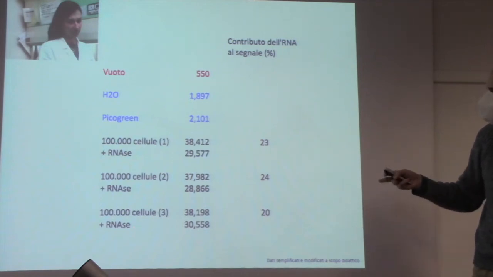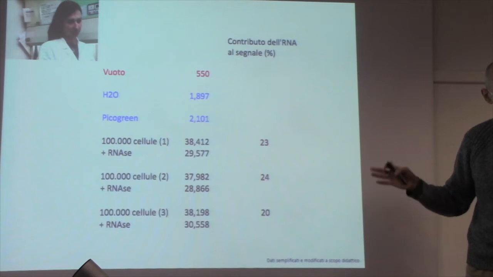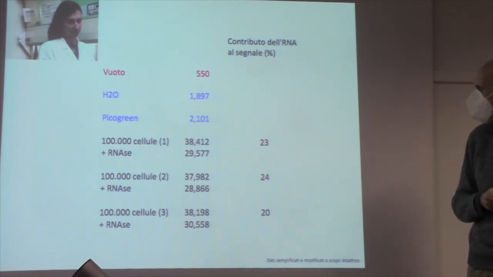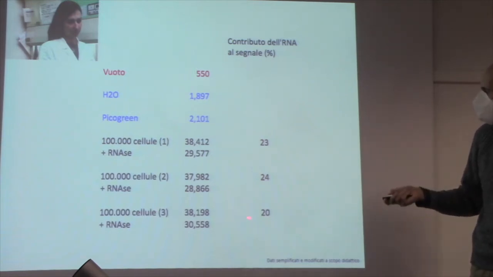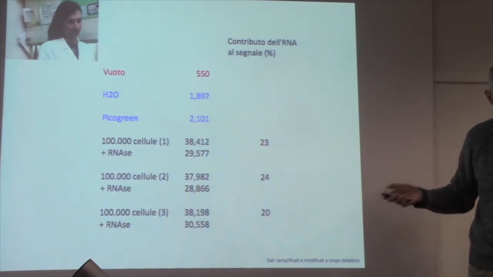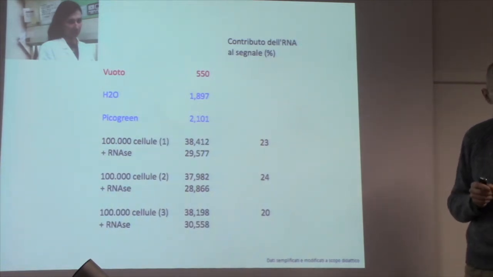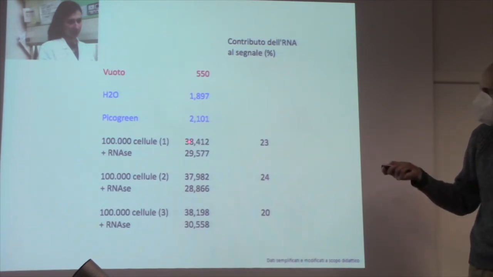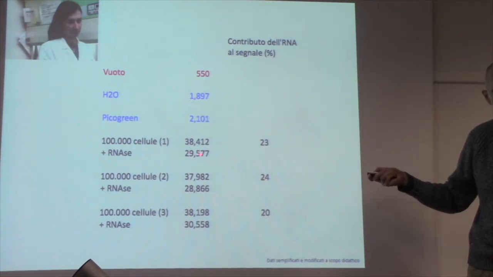And you see the results are pretty stable, they're pretty similar to one another. Basically you have some 22-23% of the fluorescence due to RNA. Because if you treat the lysate with RNAase, the reading drops from 38 to 29.